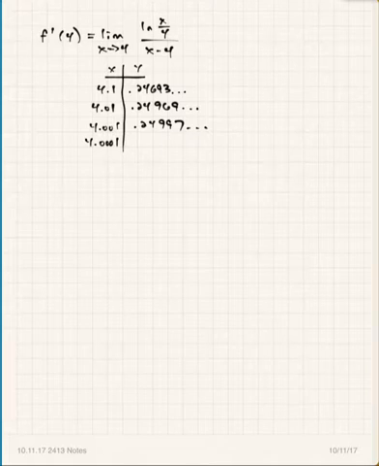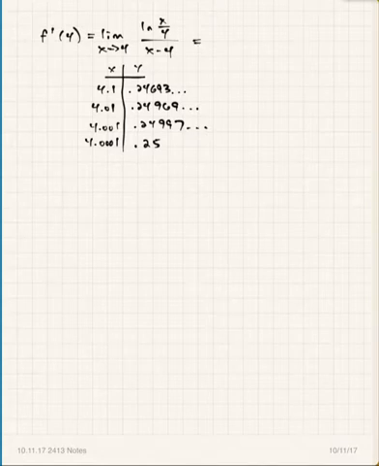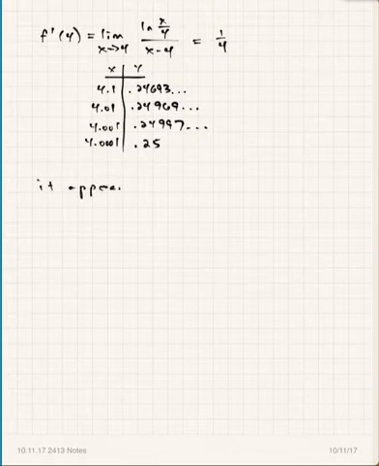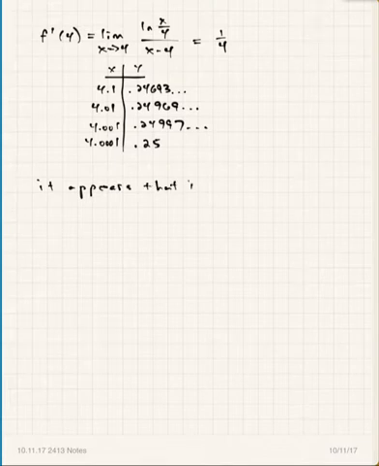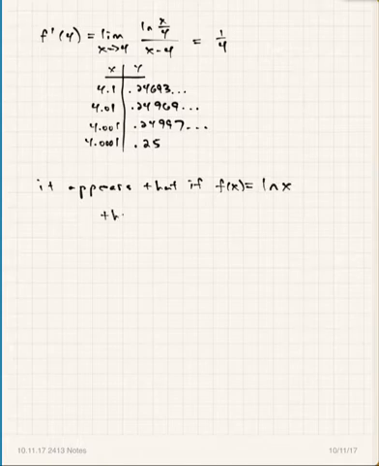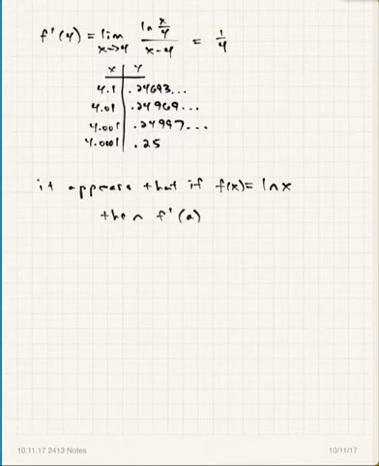in fact, my calculator just rounded it to 0.25. And so what are we getting here? It appears that f prime of 4 apparently is about 0.25, right? Or 1/4. So notice what appears to be true here: if f of x is equal to the natural log of x, then f prime at some specific value, a, appears to be 1 over a.